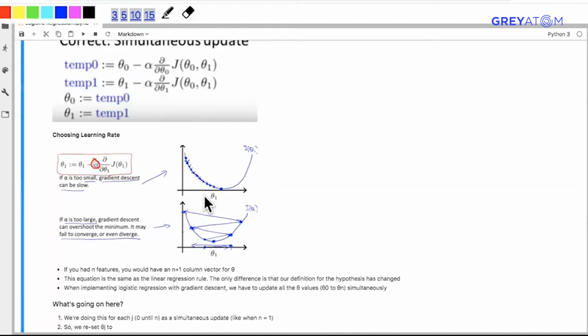So suppose this was the theta value here, and this was our cost. Suppose we started off somewhere here, and we are using a very small alpha value, like 0.000, to actually go down.